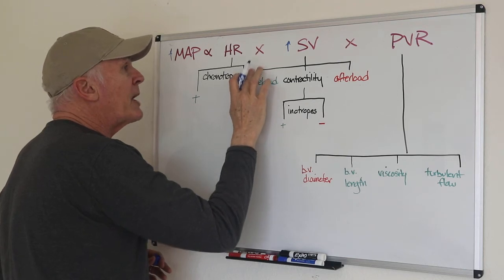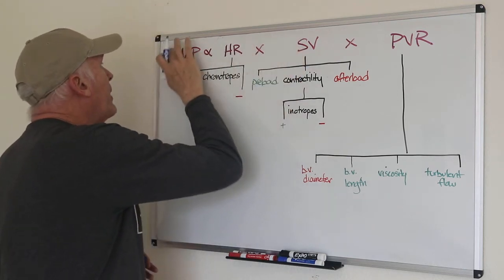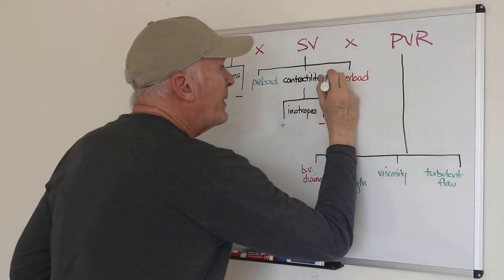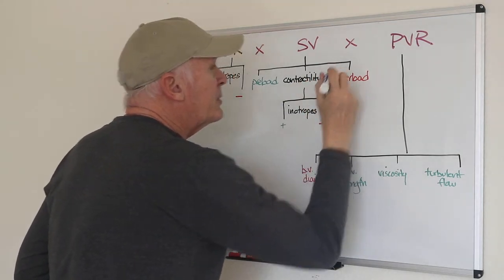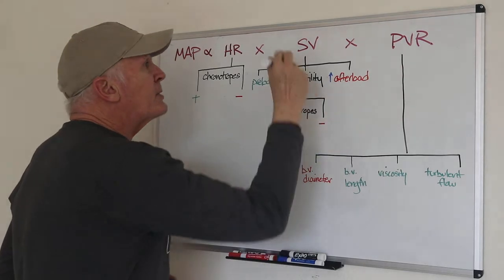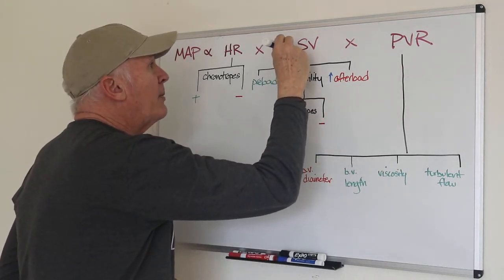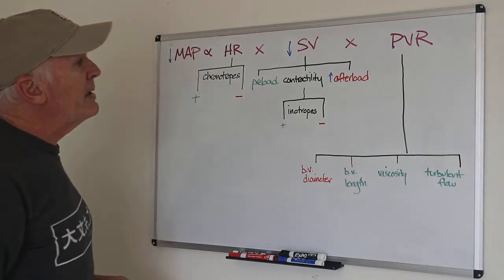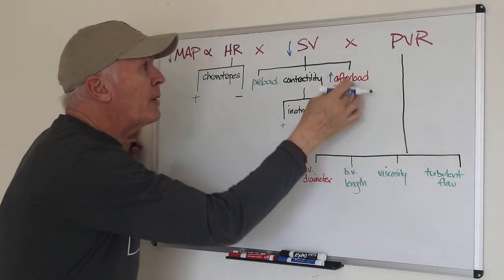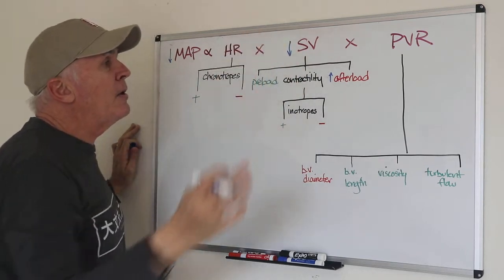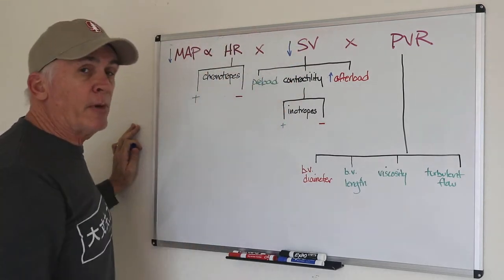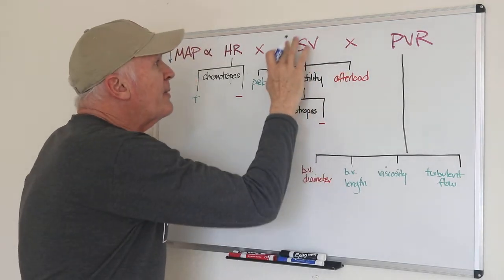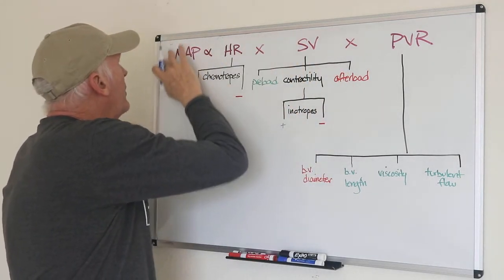That means it's directly proportional. On the other hand, if something increases afterload, if something increases the resistance to getting blood out of the ventricle, that's going to decrease stroke volume, and that's going to decrease mean arterial pressure, all right? So anything in red, if we increase that, it will have the opposite effect on the factor that affects mean arterial pressure, all right?